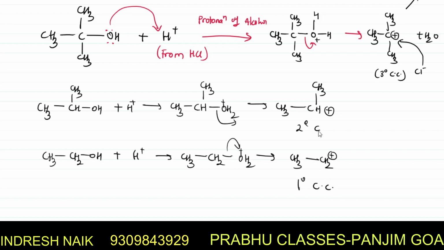So this is primary carbocation and this is secondary carbocation. Which is the more stable carbocation? This one. So this carbocation will be formed faster. Next, Cl minus will attack here, and you will get the corresponding alkyl halide.